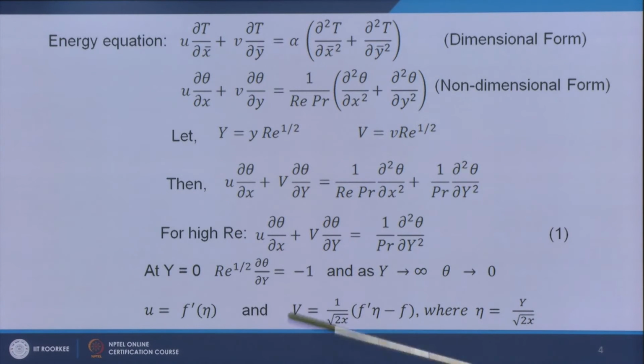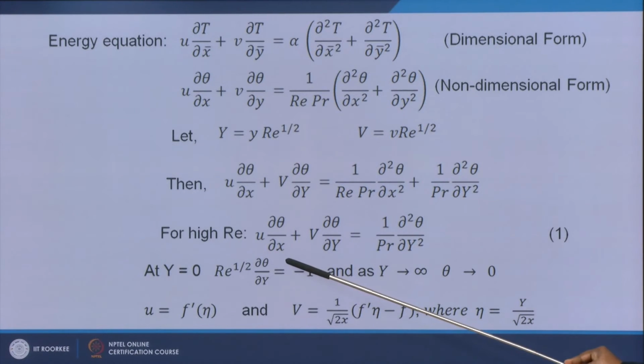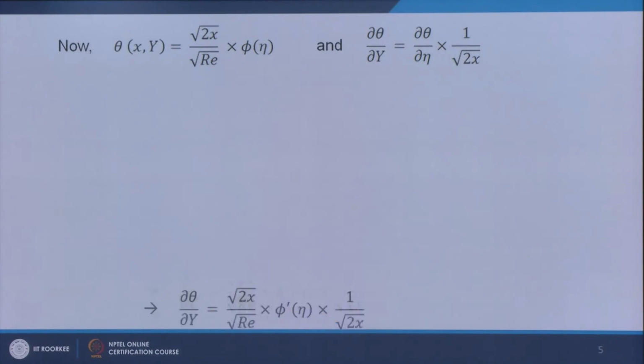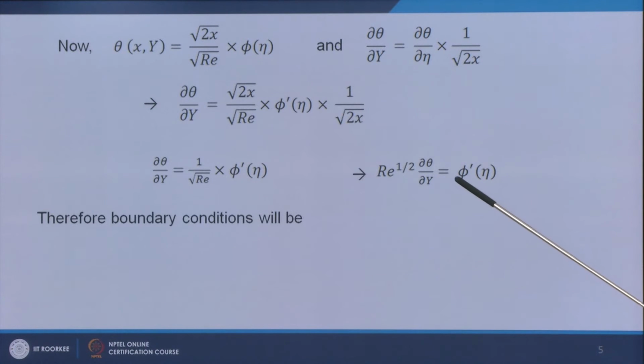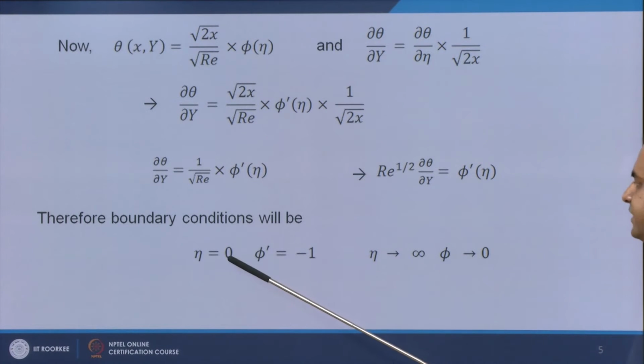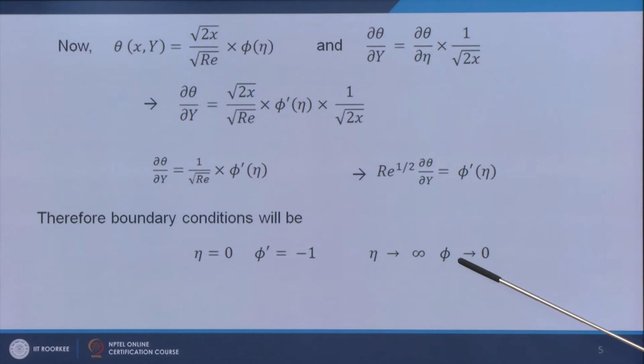So theta can now be converted to phi using this equation. Re to the power half del theta by del y is equal to phi dashed. So phi dashed will now become -1. So phi dashed at 0 is -1 is the boundary condition at the wall, and away from the wall it remains the same. So phi tends to 0 whenever eta tends to infinity.